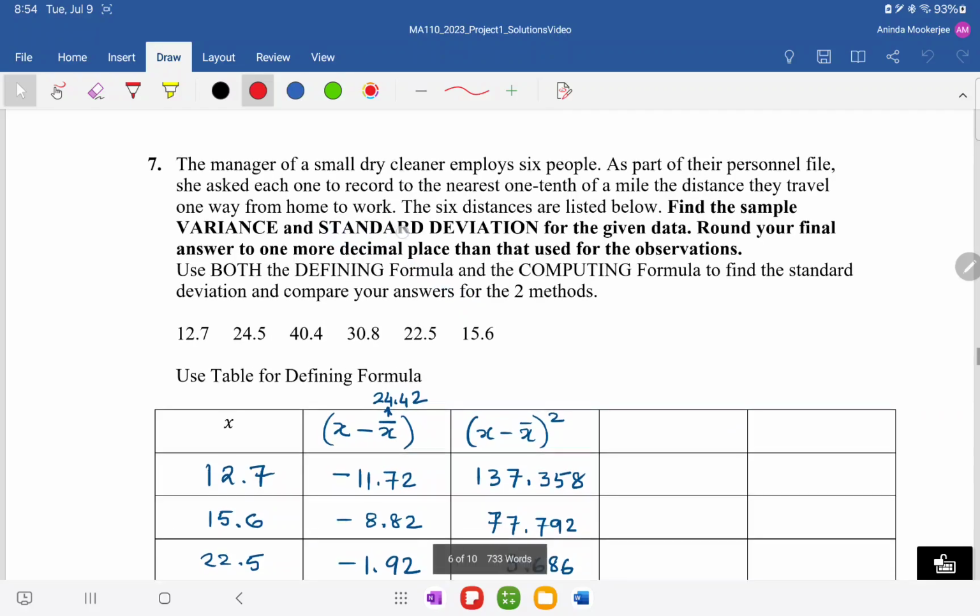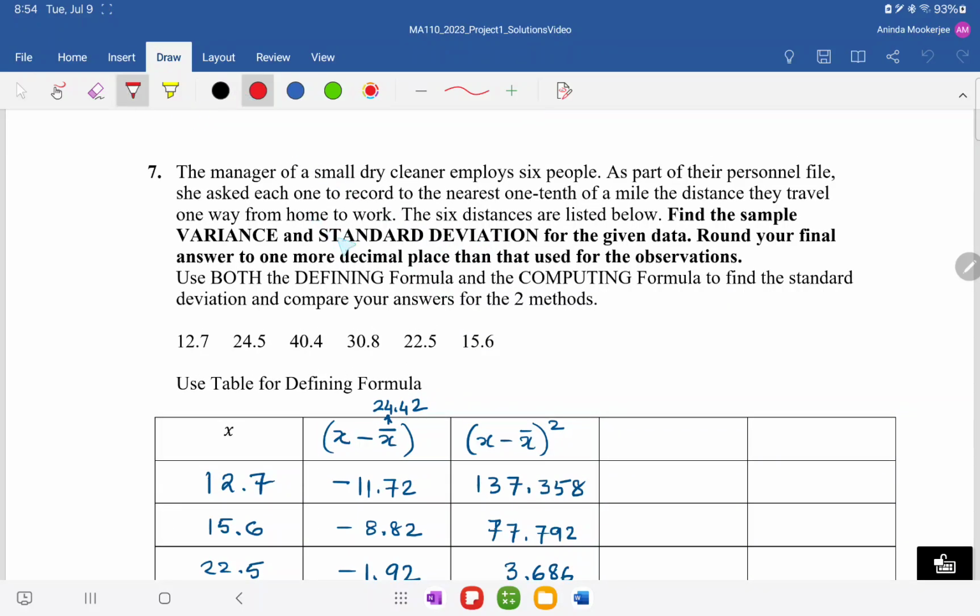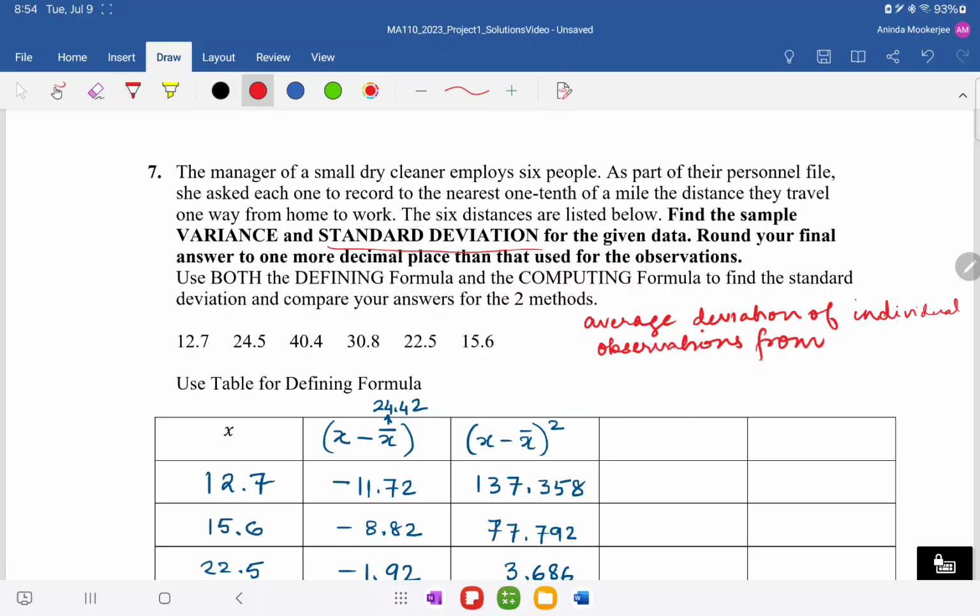The standard deviation refers to the average deviation of individual observations from the mean, individual values or observations from the mean. That's what the standard deviation is about.